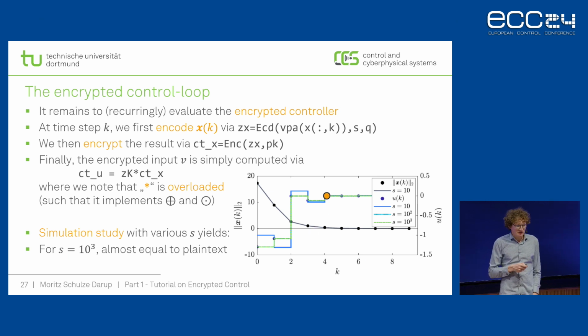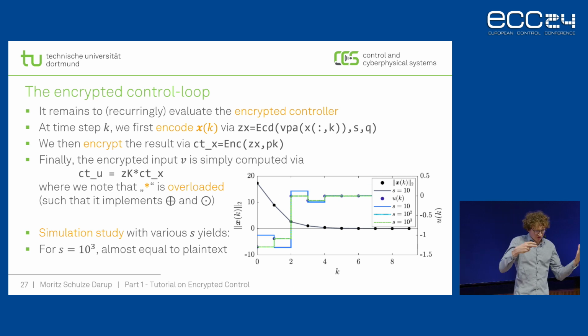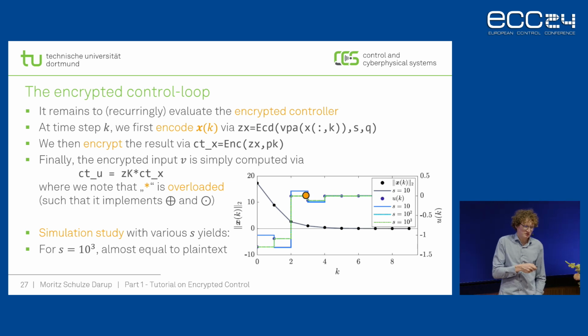And for this 1000, that is the dashed green line, we pick up all the dots from the plaintext values. So that is really a more or less one-to-one approximation of the plaintext realization. The state seems to be not so sensitive with respect to the inputs, meaning even for the most coarse implementation, we exactly pick up this state trajectory here.